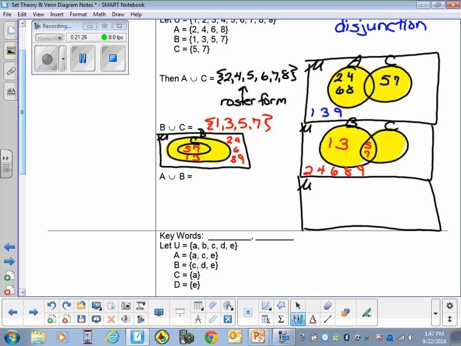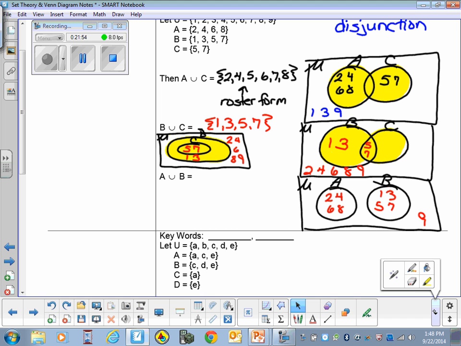No. And so another way we could have drawn this first one is to go ahead and draw them as disjoint sets. Since A and B have no elements in common, I could draw them that way. 2, 4, 6, 8. 1, 3, 5, 7. 9's floating out there in the universe.